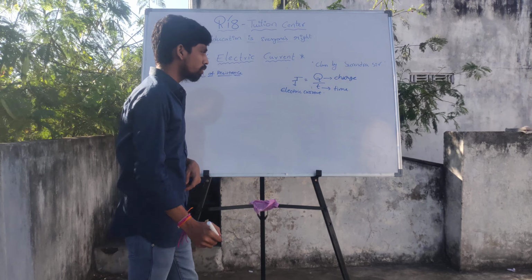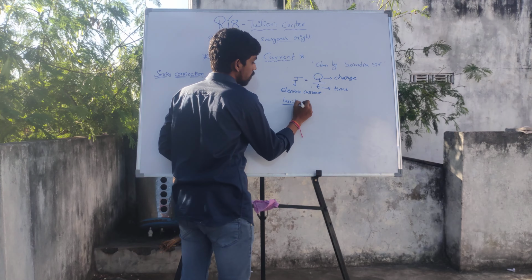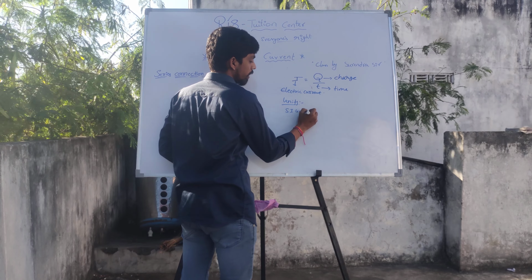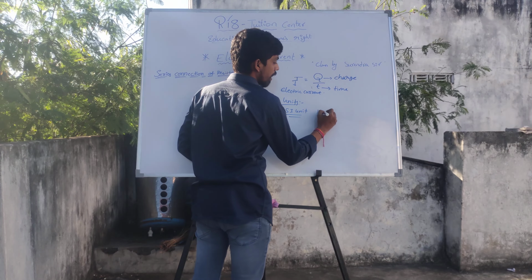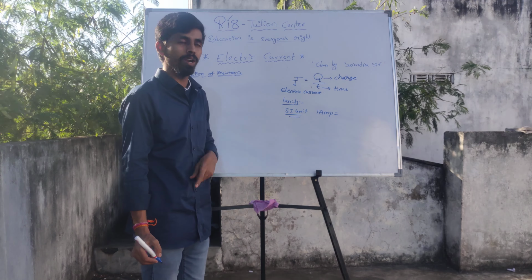Now, the units of electric current. The SI unit of electric current is the ampere, or amp.